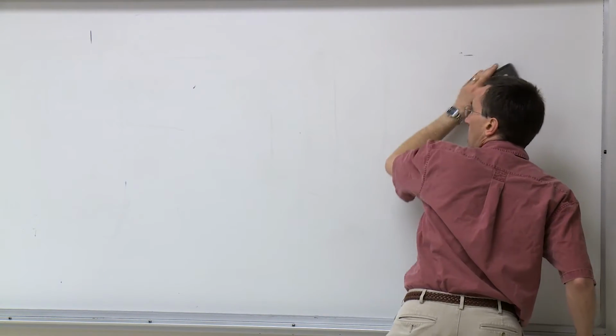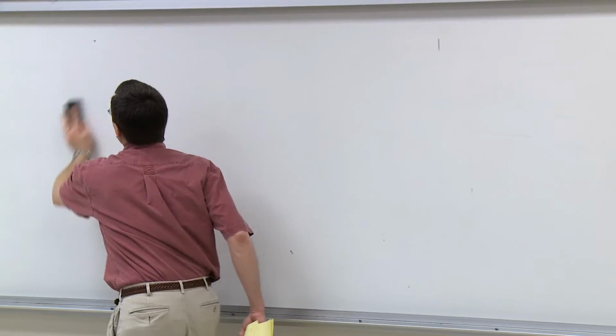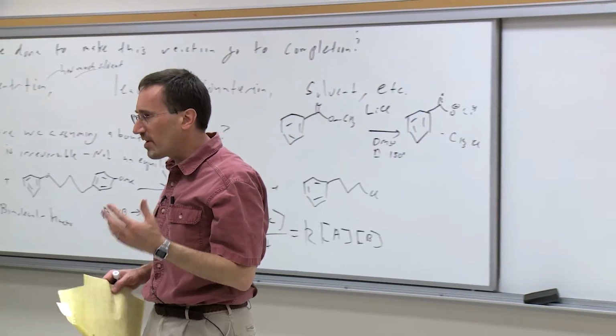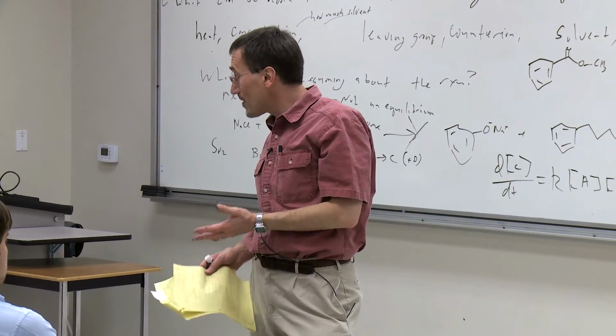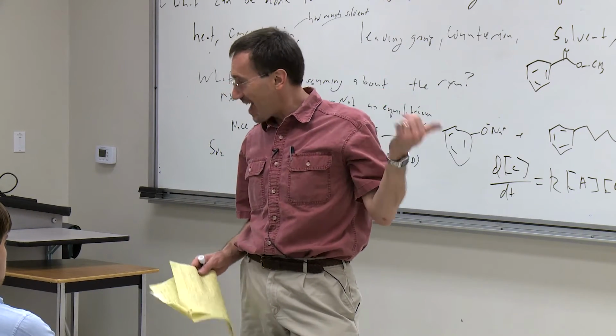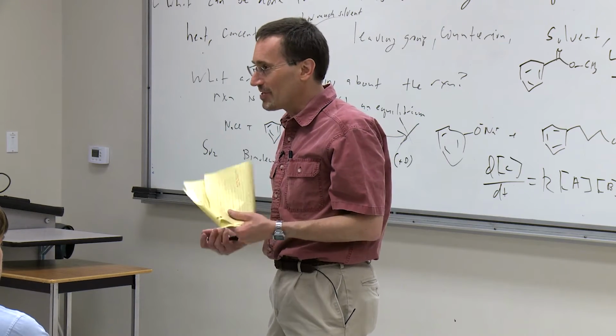Usually when we learn kinetics, it ends up being sort of this very abstract thing that's separated from the practicalities of running into the lab and having your darn reaction not go to completion.